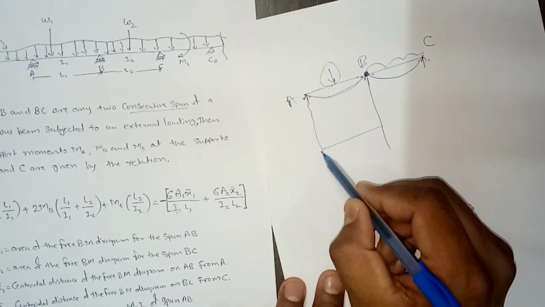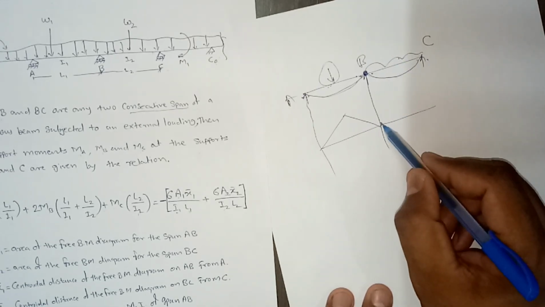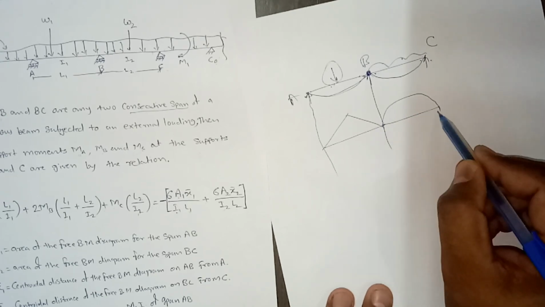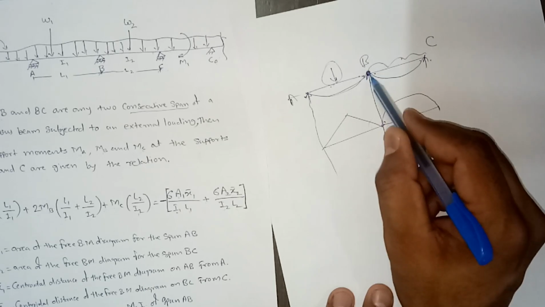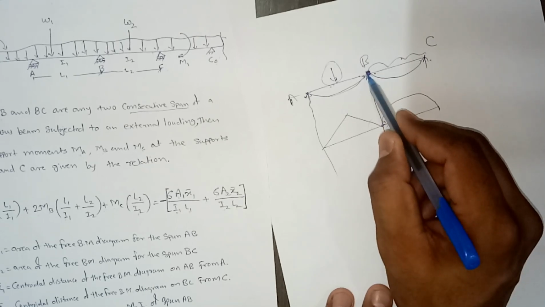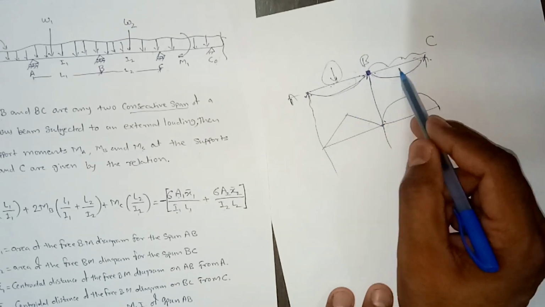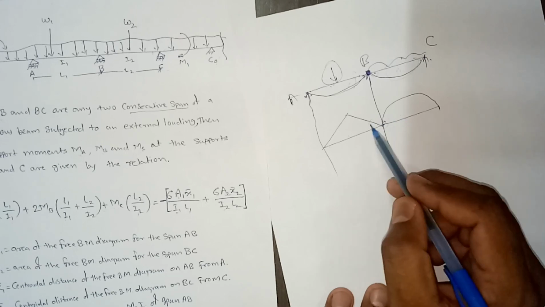Definitely that will be a triangle, which we already know, and the bending moment for this UDL will be a parabola. But here we are not considering any moment due to continuity, since we have already introduced a hinge. The other name for this is a released structure. So you are releasing these two beams, and for those two released beams we are plotting the bending moment diagram.